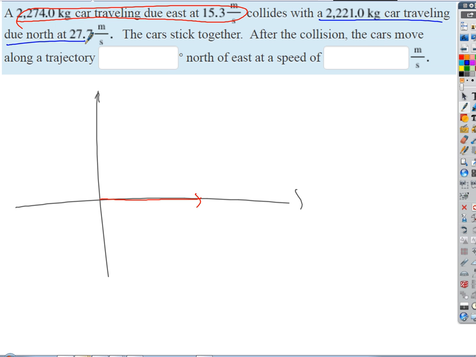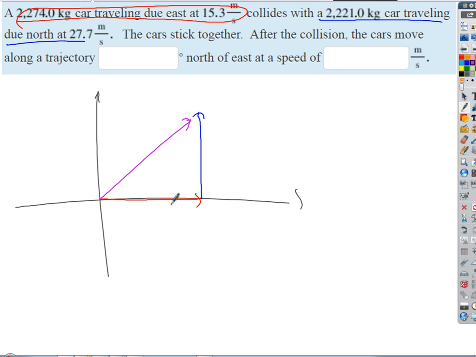I've got these 2 momenta. If I want to add them up, and we know we're going to add them up because they stick together, right? So the combined momentum of the system just gets contained in one bigger object, whereas it was initially in 2 smaller objects, right? And if I add those up tip to tail, that's what I get, right?